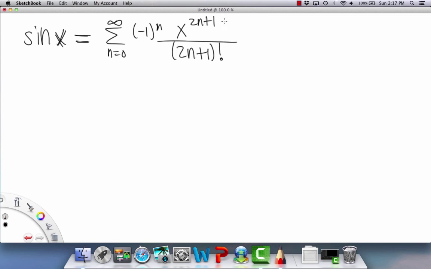This is going to look like x minus x to the third over 3 factorial plus x to the fifth over 5 factorial minus x to the 7th over 7 factorial, and so on.